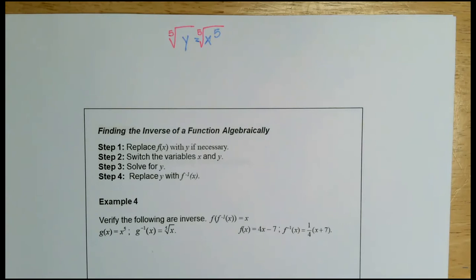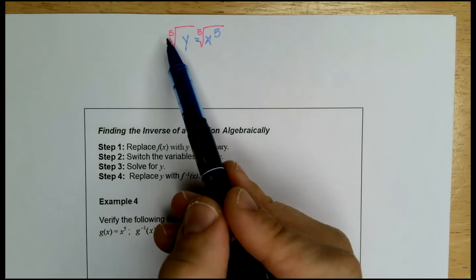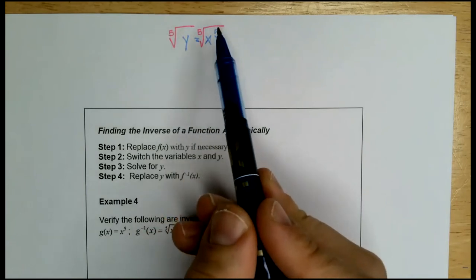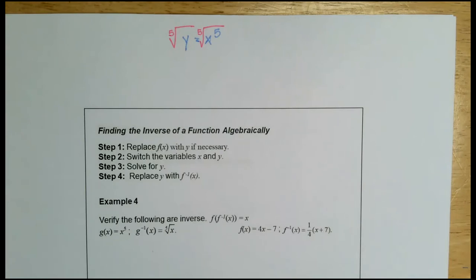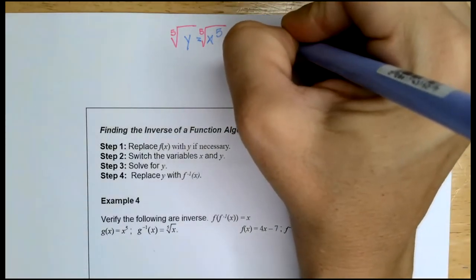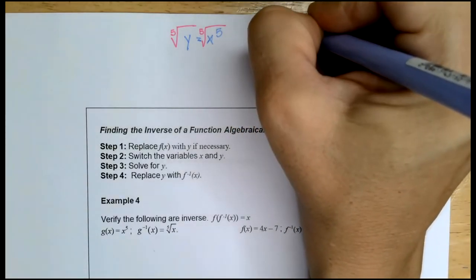So y equals x to the 5th. The way I would solve that is I would put it under the 5th root. And then I also have its inverse, x equals y to the 5th.